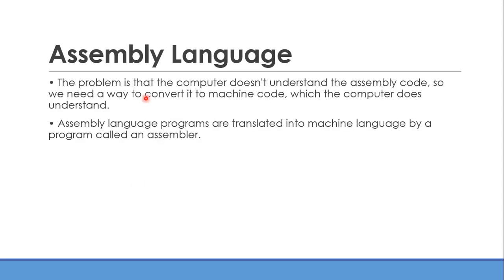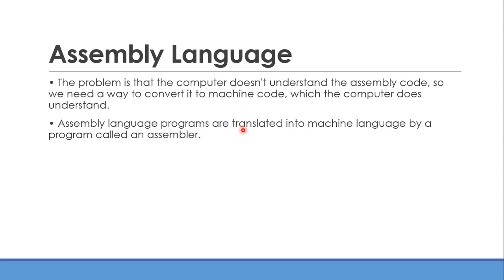The problem is that the computer doesn't understand assembly code, so we need a way to convert it into machine code. As I discussed earlier, the computer only understands machine language, the 0s and 1s, and it cannot read assembly language.